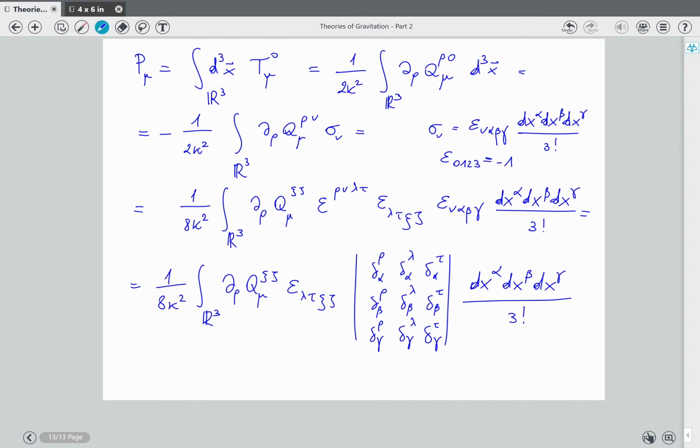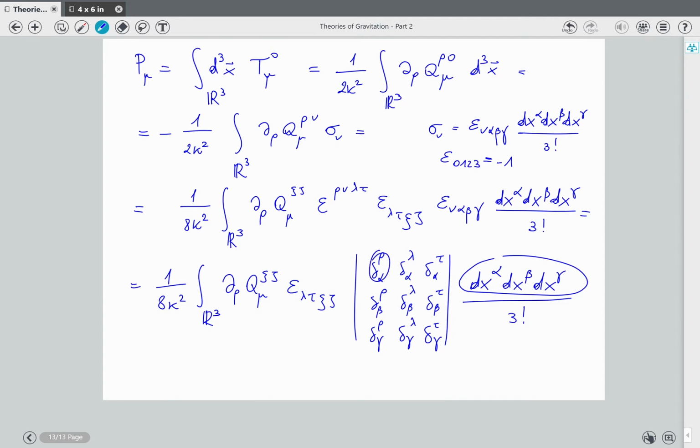Okay, so let's see what we get from here. That's very easy actually, we don't need to do anything now because this thing is multiplied by an object that's already completely anti-symmetric. So from the determinant we have how many terms?